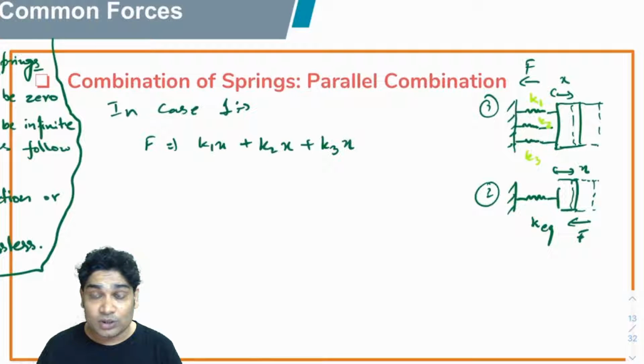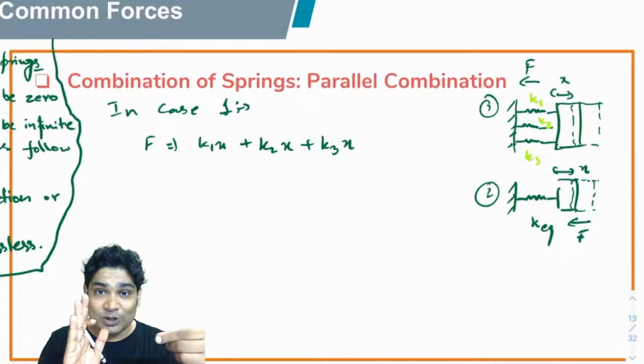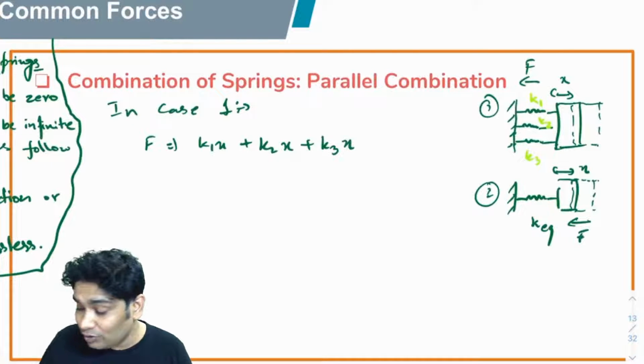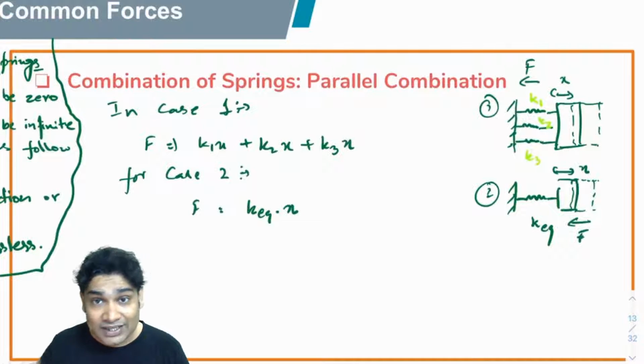And the net force that the block would feel would be the spring force due to the first spring, due to the second spring, and due to the third spring. Now you also know for case 2, this F would be equal to K equivalent times x. Now all I need to do is equate these two.